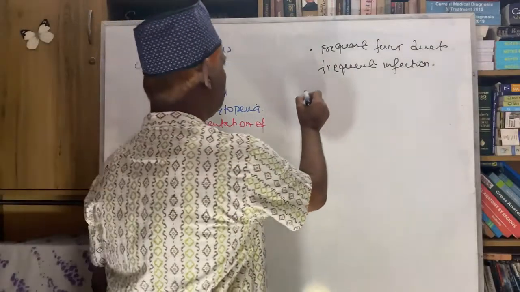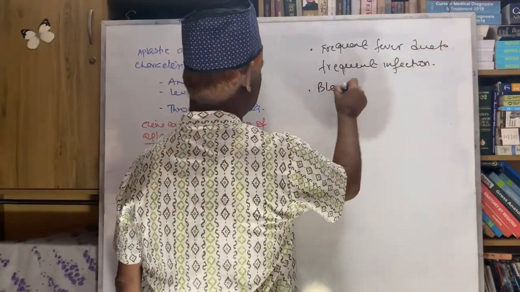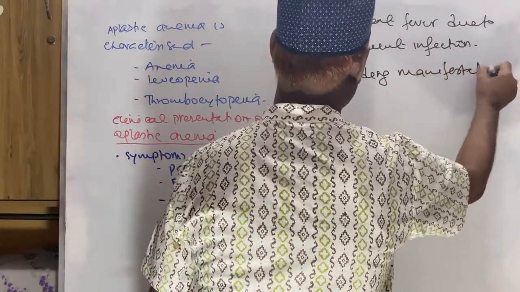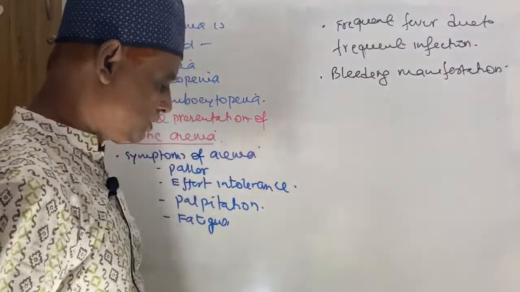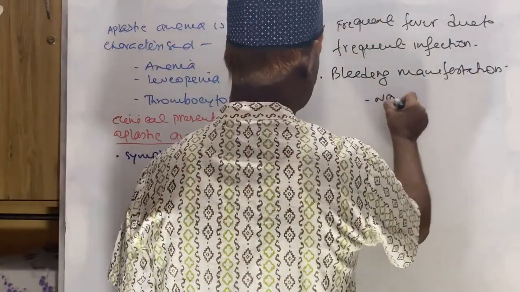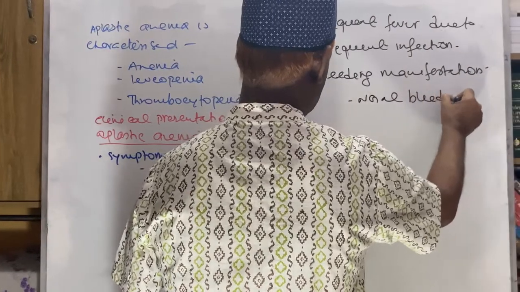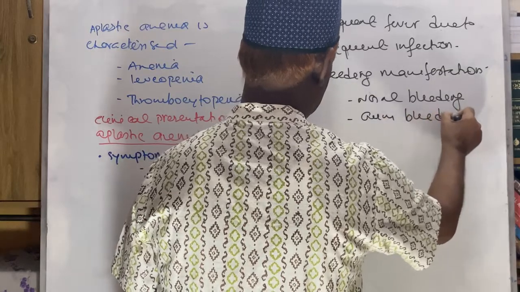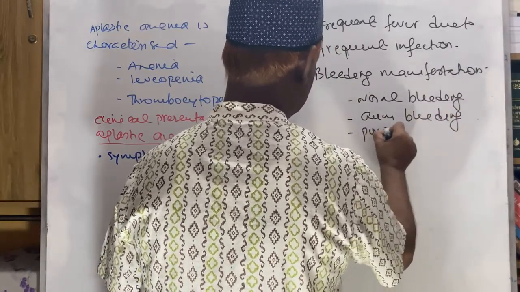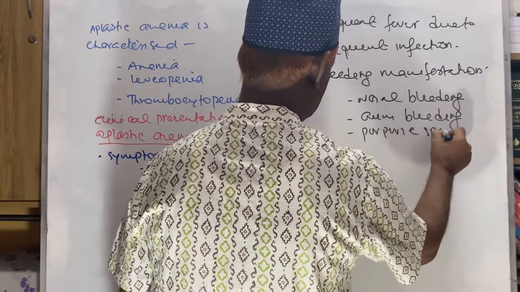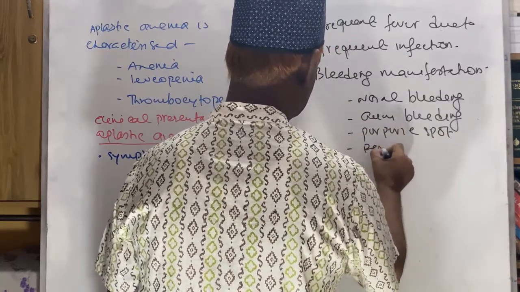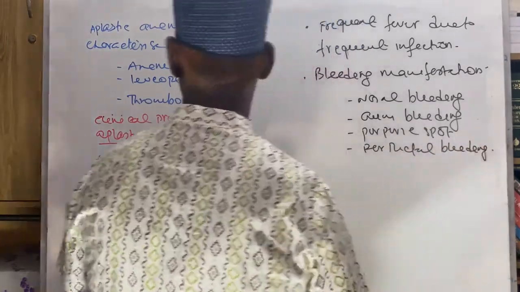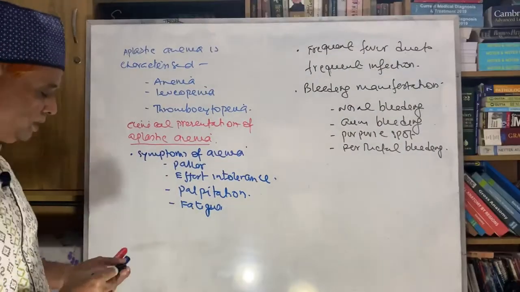There will be bleeding manifestations, like nasal bleeding, gum bleeding, purpuric spot, rectal bleeding. So these are the different clinical presentations in aplastic anemia.